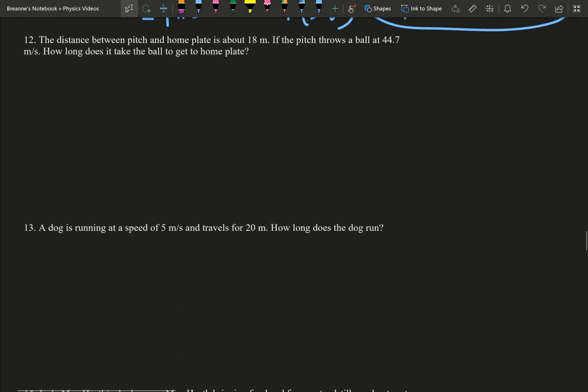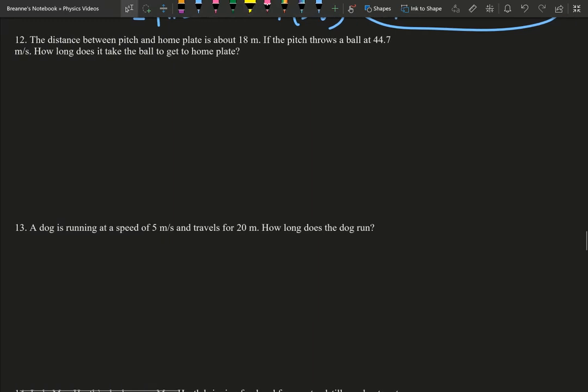So the distance between the pitcher's plate and home plate is about 18 meters. If the pitcher throws a ball at 44.7 meters per second, how long does it take the ball to get to home plate? So again, we have a couple of givens because we have numbers with units. So 18 meters, 44.7 meters per second, and we're looking for time.